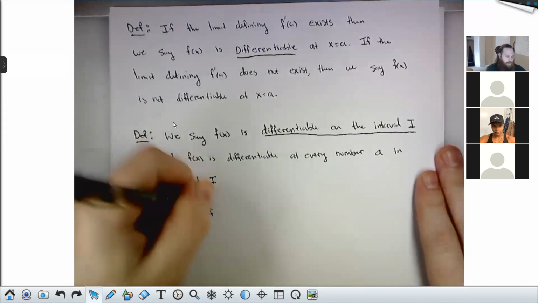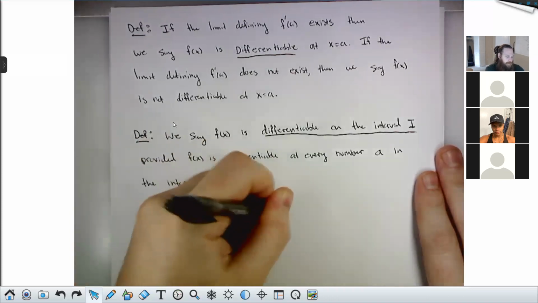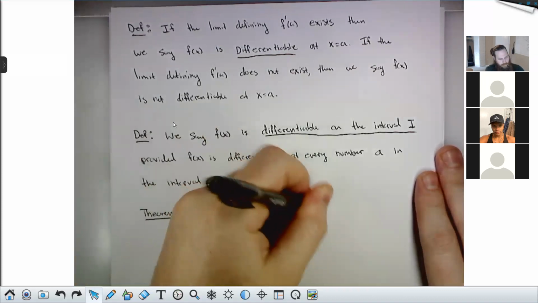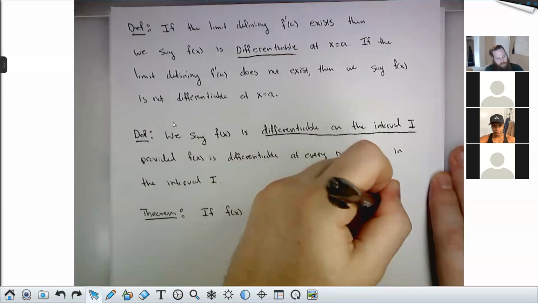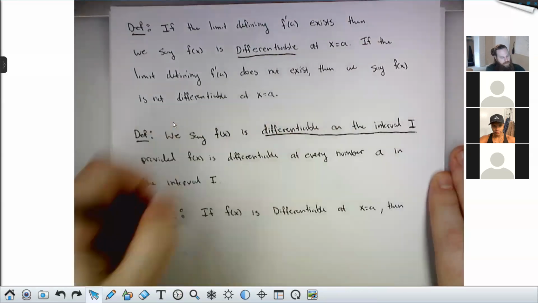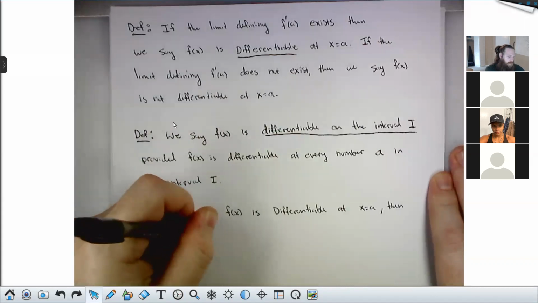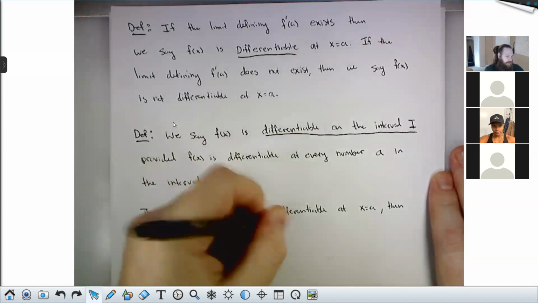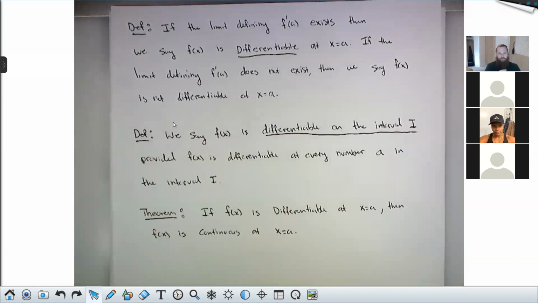If f of x is differentiable at x equals a, then f of x is continuous at x equals a. This is a true statement.